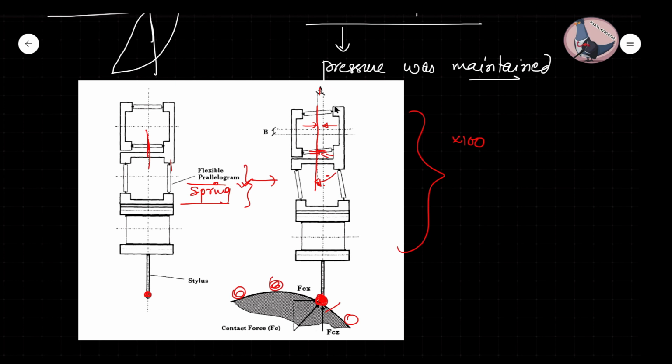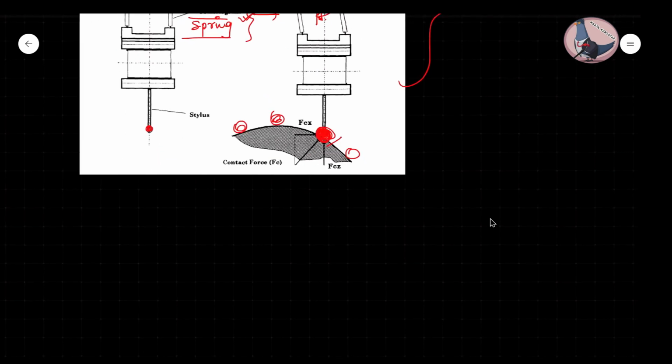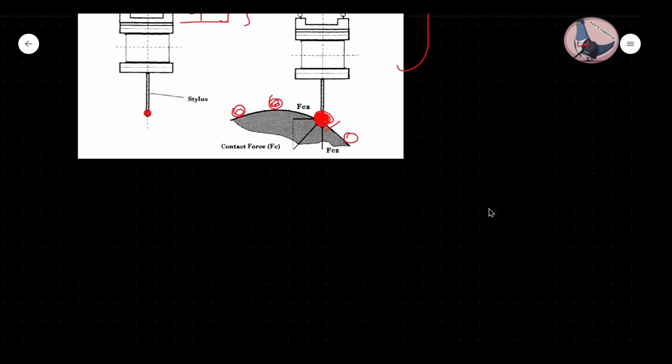Okay, so any distortion which is permanent in nature and is causing trouble in this pressure sensing is called hysteresis. Any test which can qualify this is called a hysteresis test, and it is done by taking multiple readings.